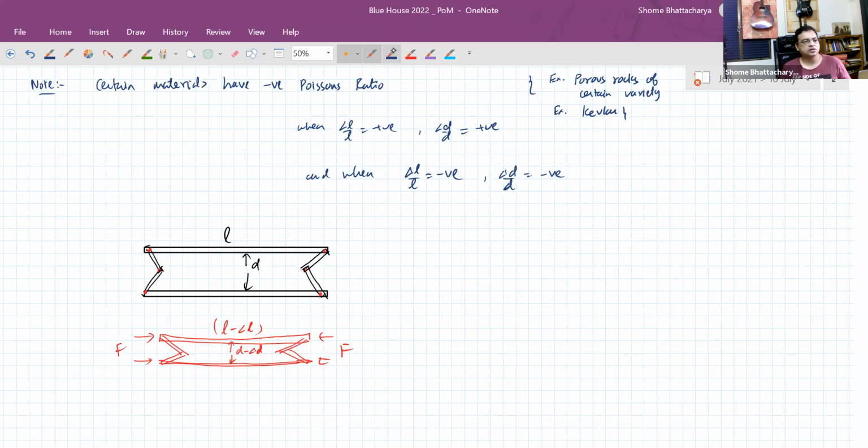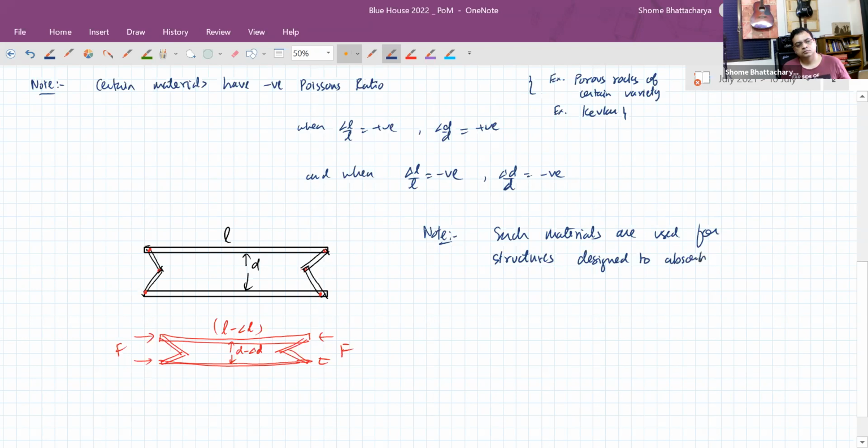So they are useful in impact absorption. That's just general knowledge for you.